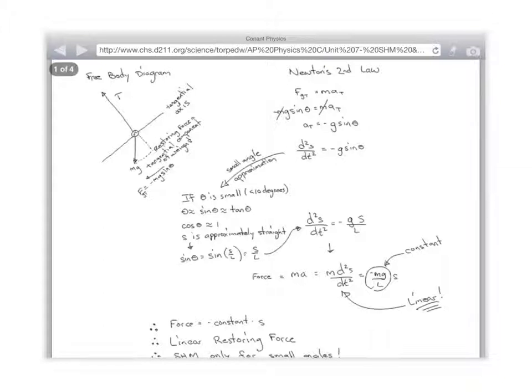Does that sound good? Means at time 0 you held it up to the maximum positive value. Okay, can we solve it now? Remember, amplitude and phase constant. So we need to solve for amplitude and we need to solve for phi naught.